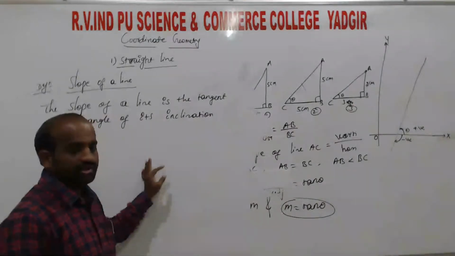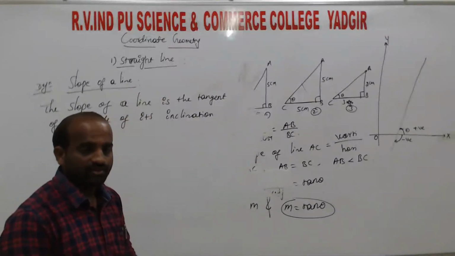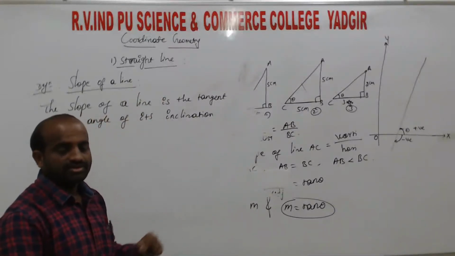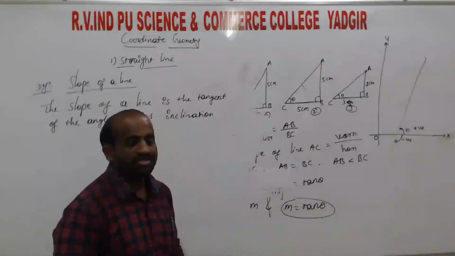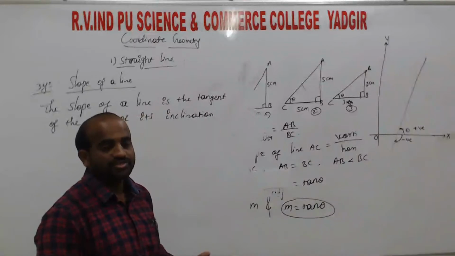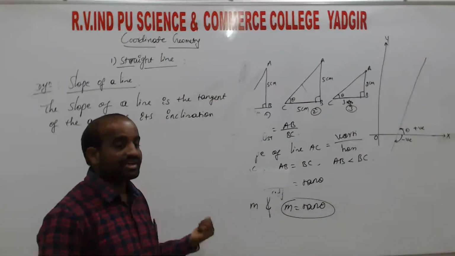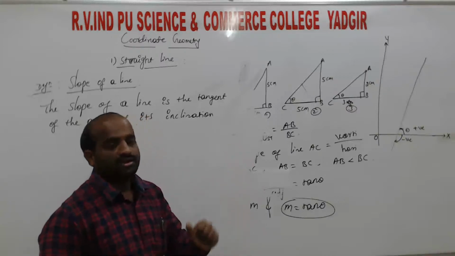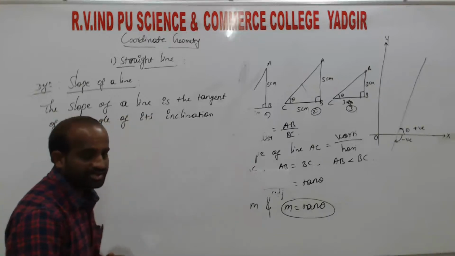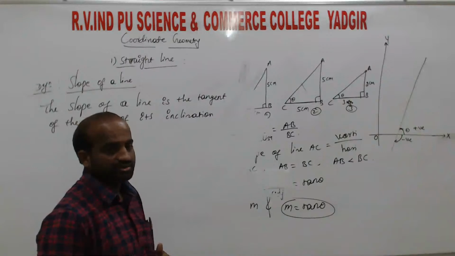Already I am saying, the inclination definition is: a line makes a fixed angle with the x-axis. This angle, measured in the anti-clockwise direction, is taken as positive. Measured in the clockwise direction is taken as negative, but the inclination of the line means the fixed angle theta measured in the anti-clockwise direction.